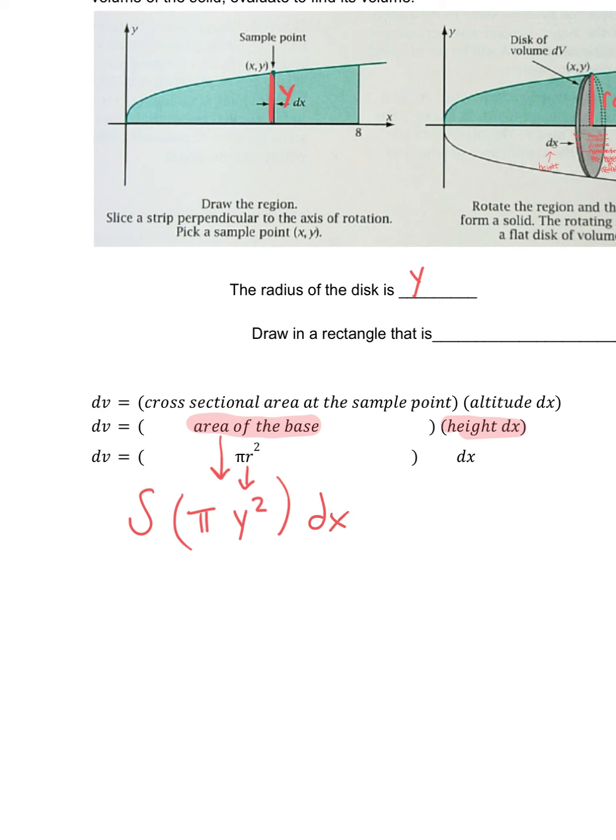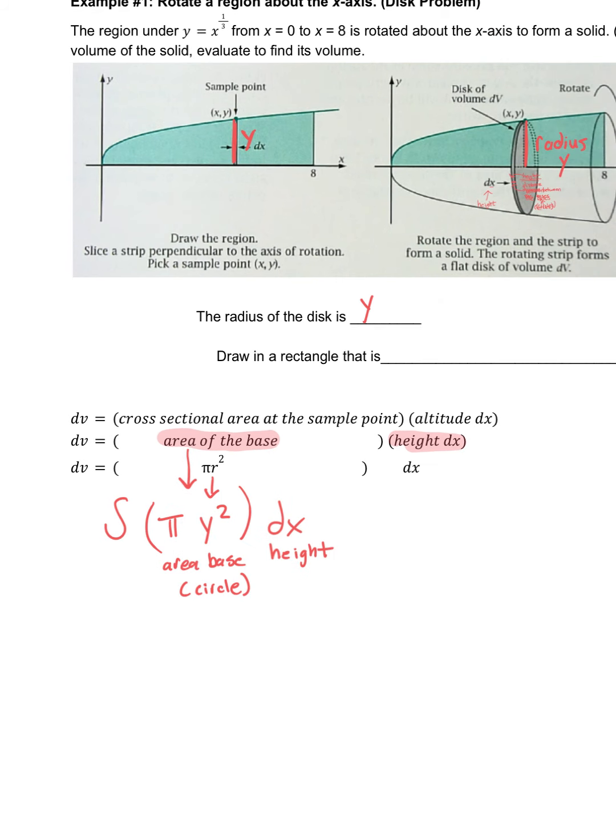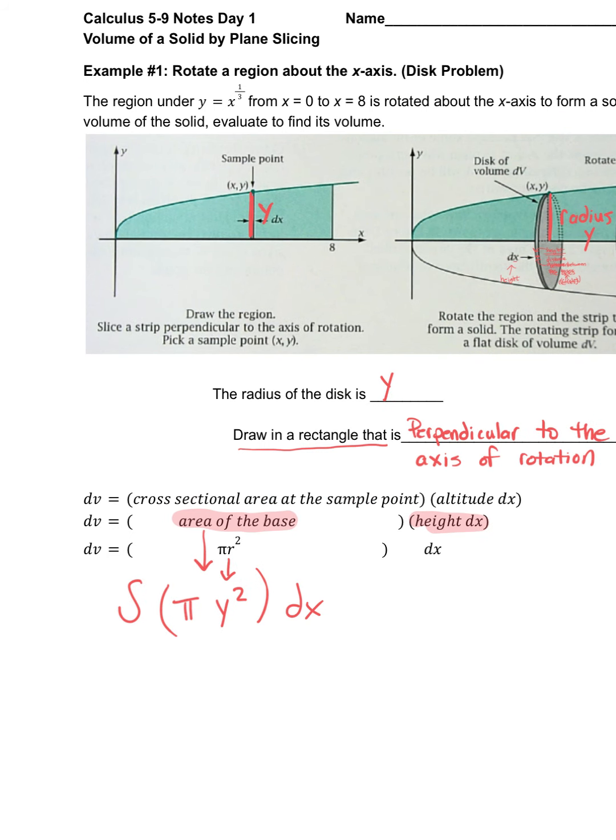Again, this is the area of the base because the base is a circle, and then dx is our height. Let's make sure we fill this in up here. We always want to draw in a rectangle that is perpendicular to the axis of rotation. Now we can complete our integrand for our definite integral.